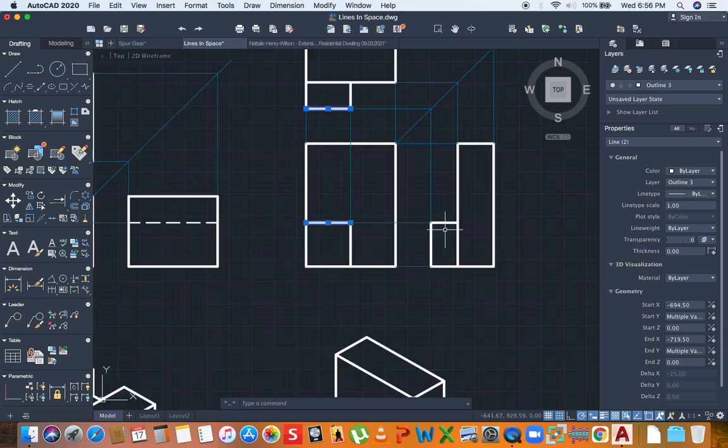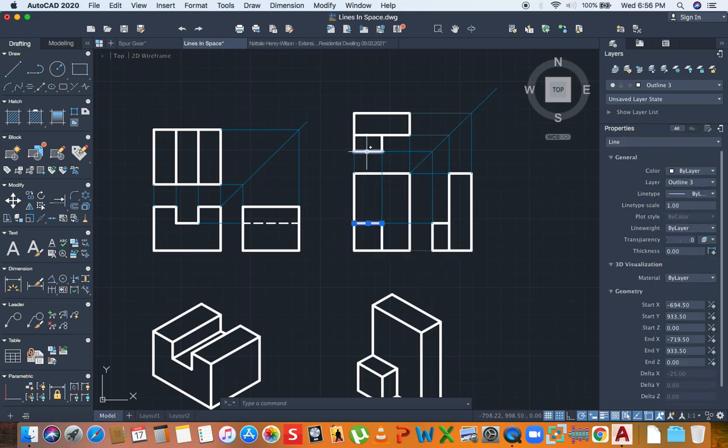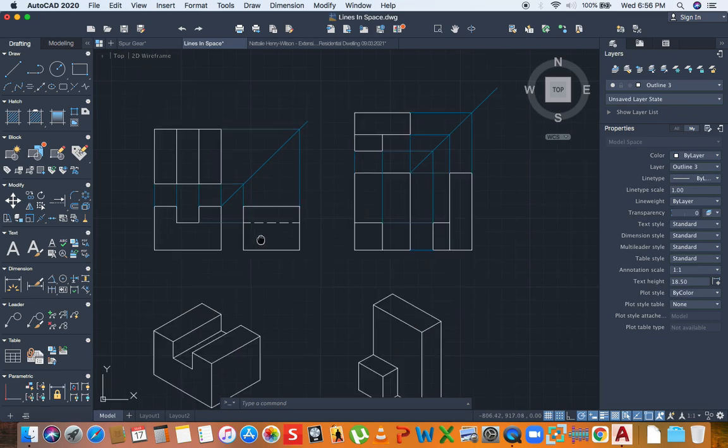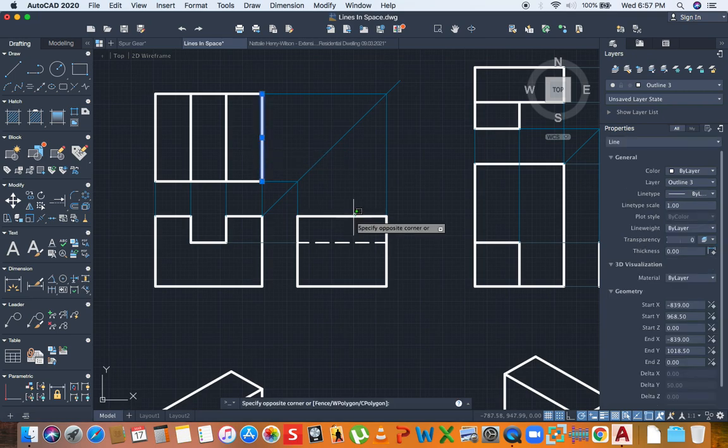And you notice it's not being shown over here. It's due to the fact that these lines are corresponding or parallel to one of the planes. They are either vertical or horizontal. So look here. Look again. This line represents this line, but you're not seeing it over here.